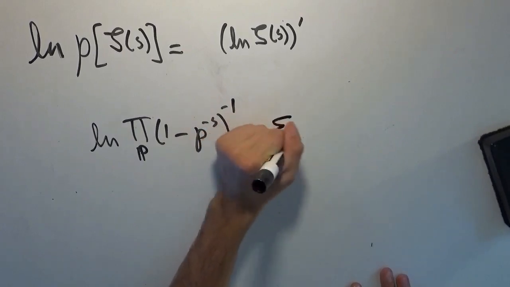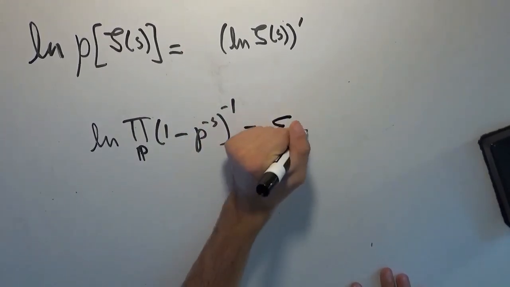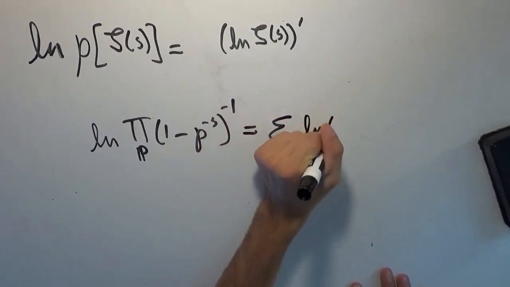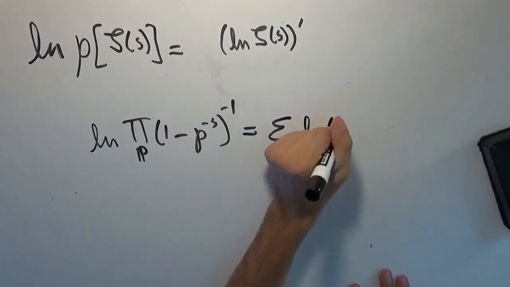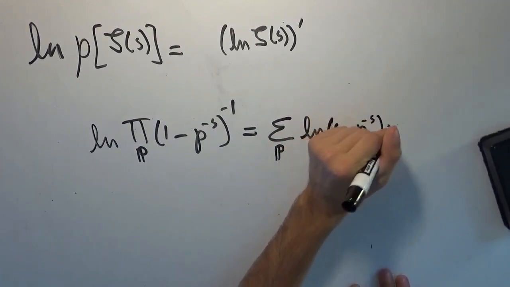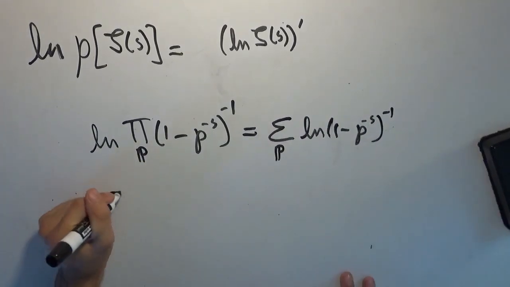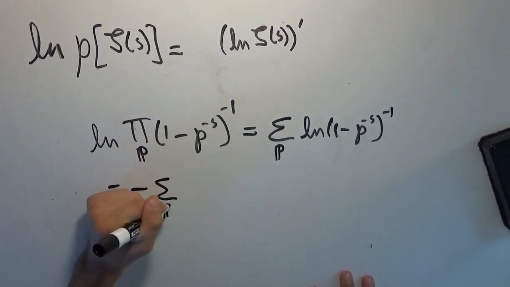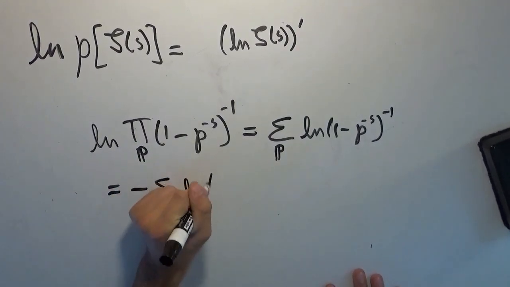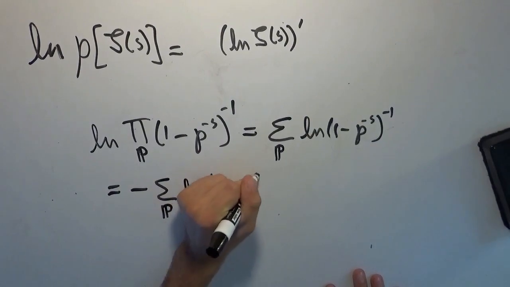So this is going to be equal to the sum over the primes of the natural logarithm of 1 minus p to the minus s to the negative 1, and given the rules of natural logarithms, we can bring the negative 1 down, and we get negative the sum over the primes of the natural logarithm of 1 minus p to the minus s.